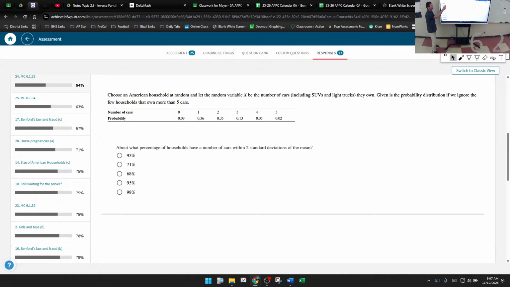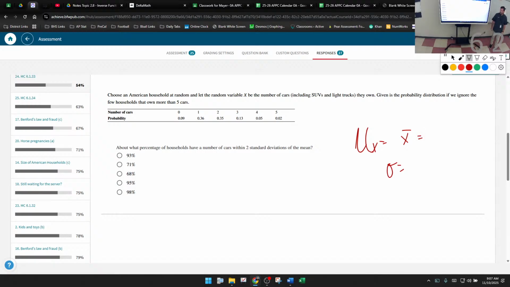So what you should have done on that one is calculate the mean. You use your calculator, do L1, L2, calculate X bar, and then you had to calculate the standard deviation.